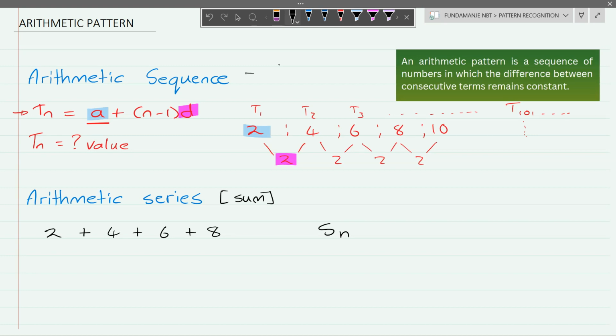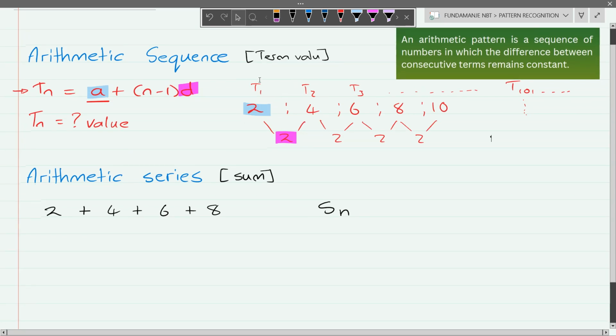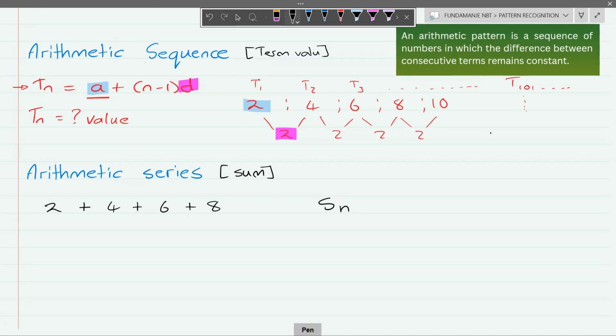So where we have T3 representing the term value at term number 3, we can have S3, which represents the value of the first 3 terms summed up together. So in this case, S3 would be 12, but T3 would be 6.